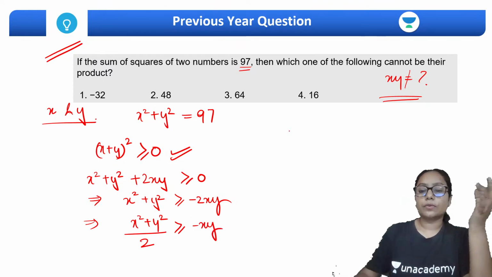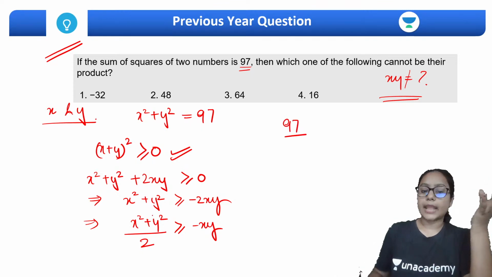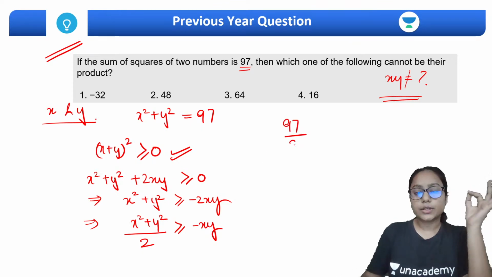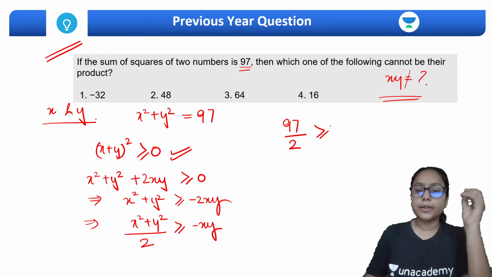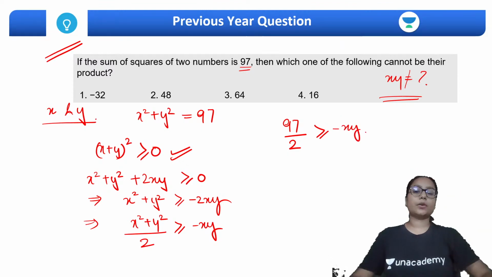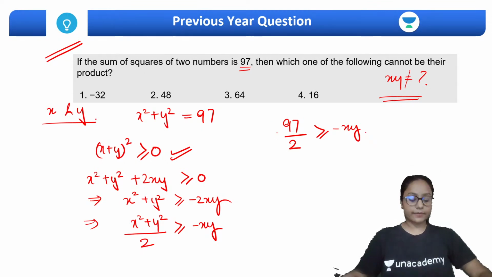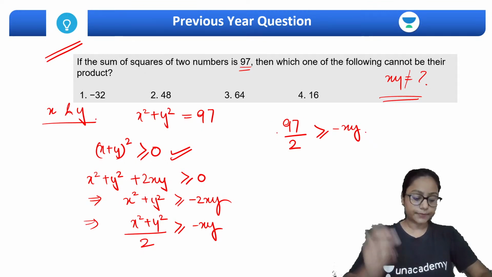So we know that x square plus y square is 97. So 97 by 2 should be greater than or equal to minus xy. What is the value of 97 by 2?